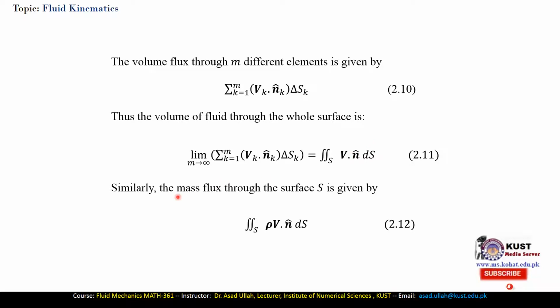Similarly, the mass flux through the surface S is given by equation 2.12. This is the same relation as given in equation 2.11, but here we replaced the velocity vector with rho V. So that's why this is called the mass flux through the surface S.